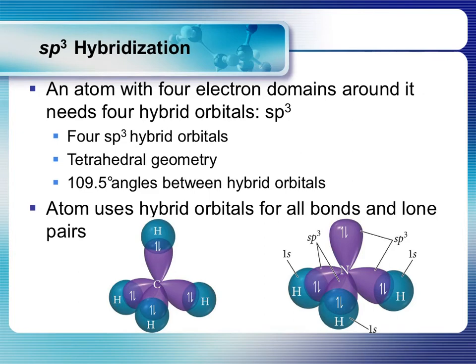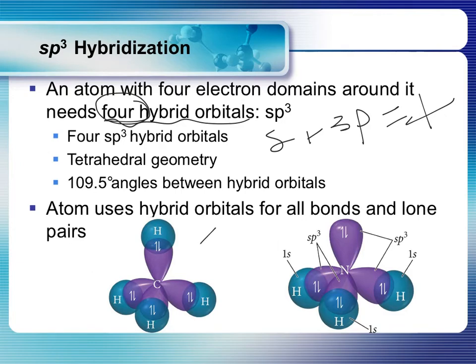All right, so a little bit more detail about each type of hybrid. sp3 means, remember there are 4 of them because there's 1s and there's 3p, so that's a total of 4 atomic orbitals you started with. So you're going to end up with 4 hybrid orbitals. And so what type of molecule needs sp3 hybridization?